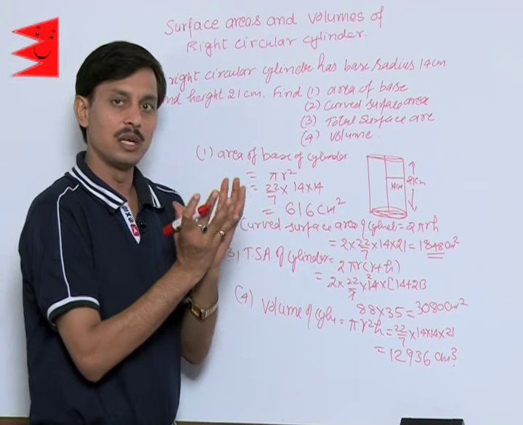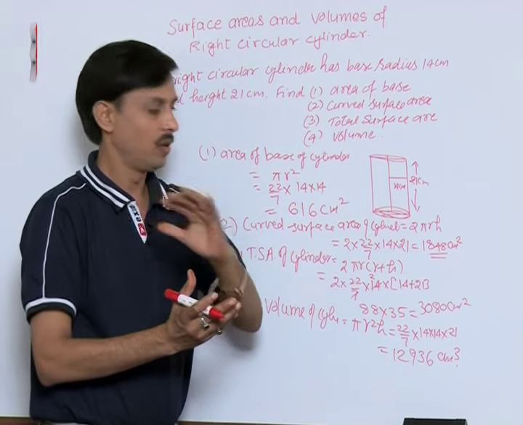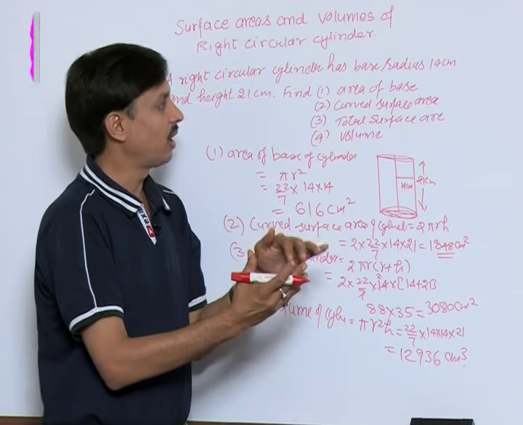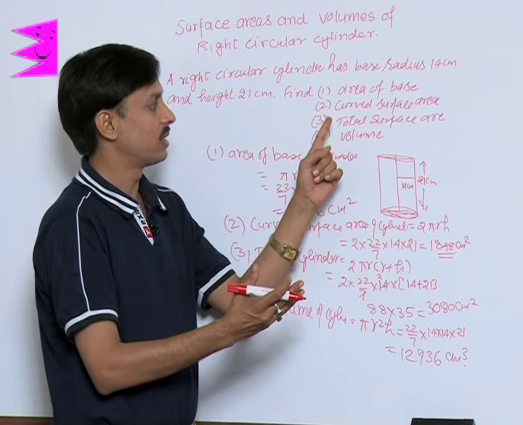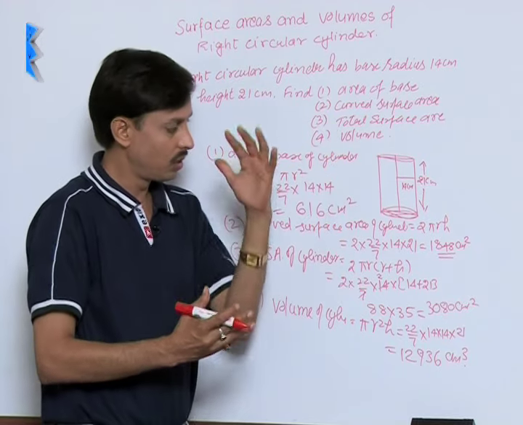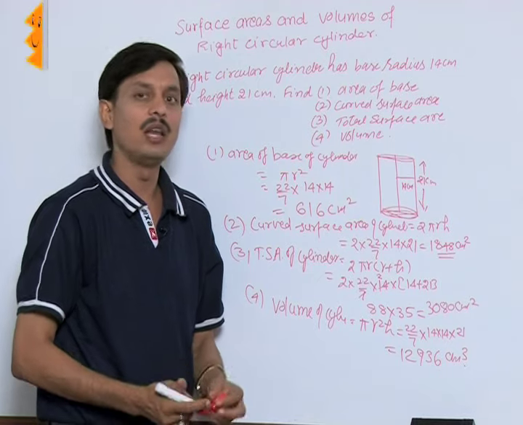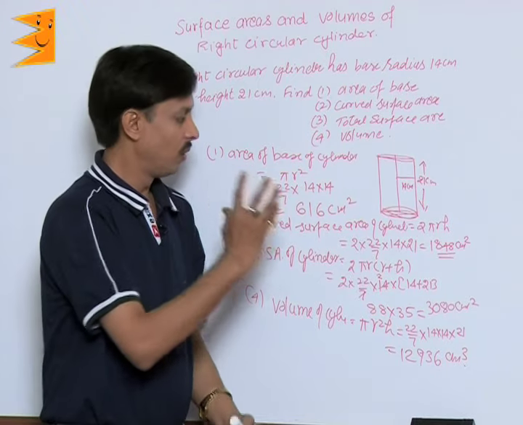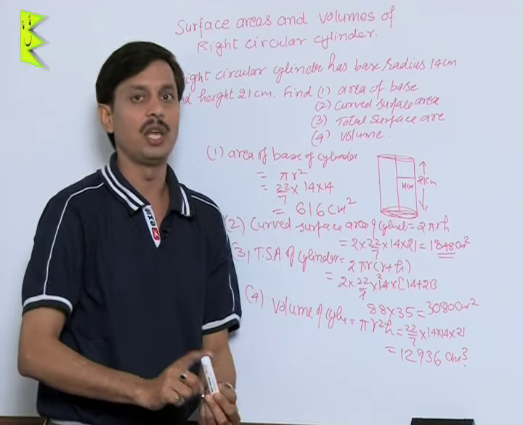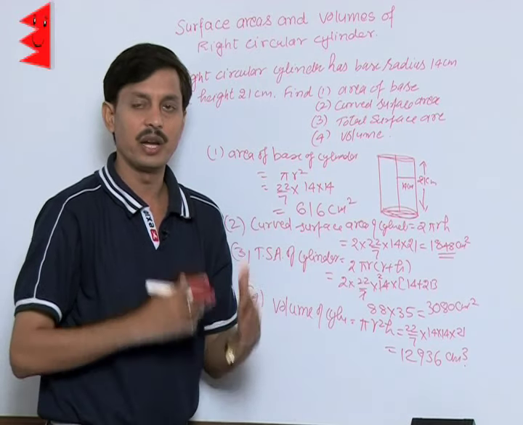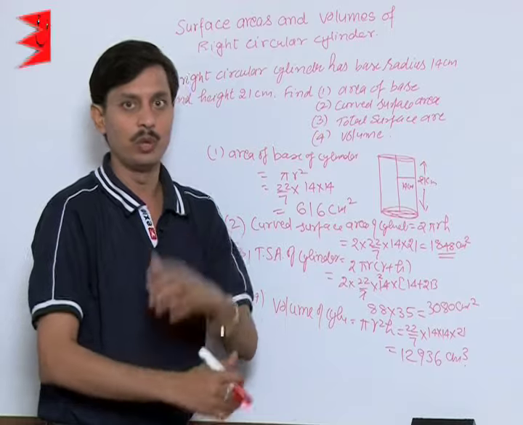So this is the question where we have applied the radius and height directly to find area of base, CSA, TSA and volume. You need to be very specific while writing the values. Please take care about the units. For area it is unit square and for volume it is a cube unit.